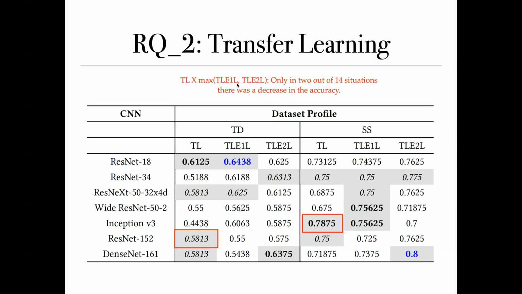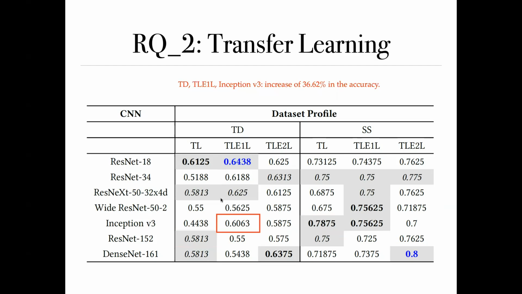For question 2, transfer learning, we compare the performance of the transfer learning architecture configuration with the maximum accuracy between TL-E1L and TL-E2L. Only 2, these here, the red rectangles, out of 40 situations, there is a decrease in the accuracy when we use the extra layers configuration. In all remaining situations, the extended architecture resulted in a better accuracy.